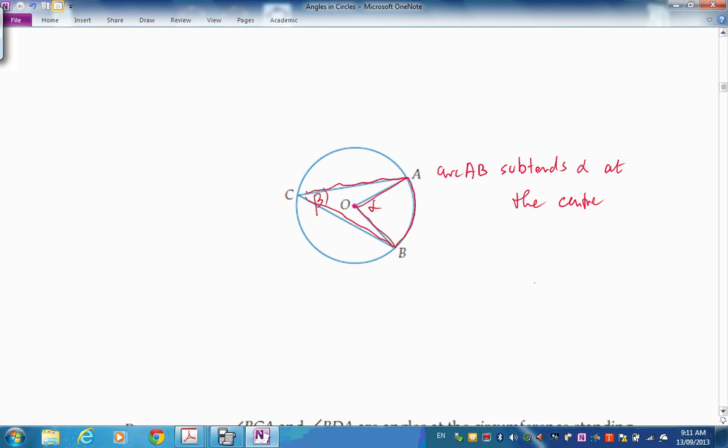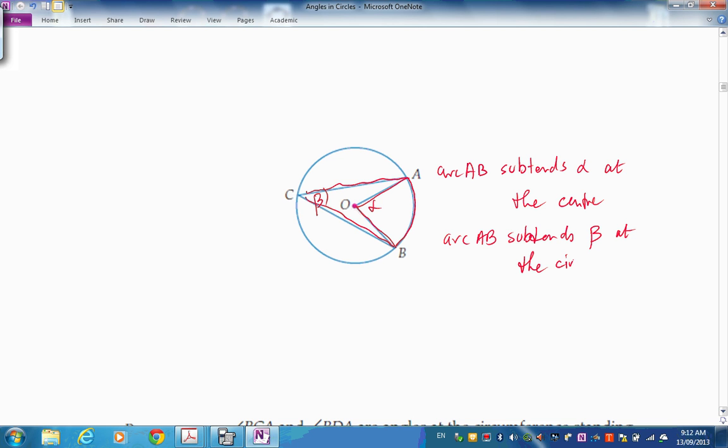We use Greek letters to stand for angles in geometry. You might Google search that or find out why that's so. Why do we use Greek letters? Is that in recognition of the Greeks' contribution to geometry? I wonder where that came from. So arc AB subtends angle beta at the circumference.